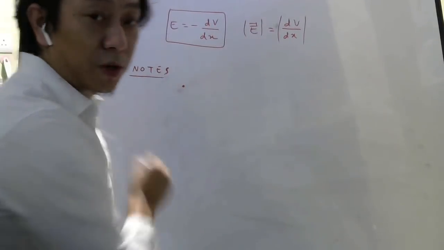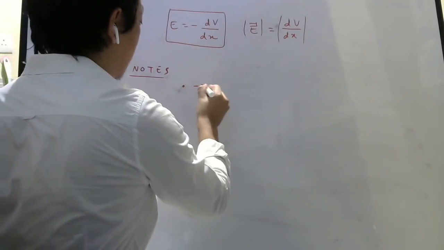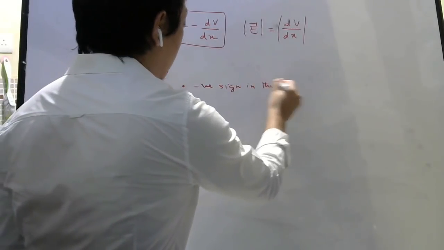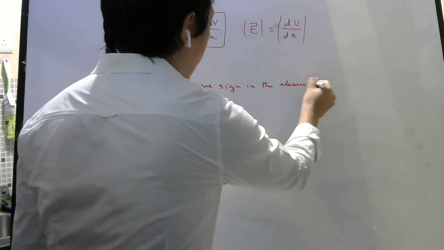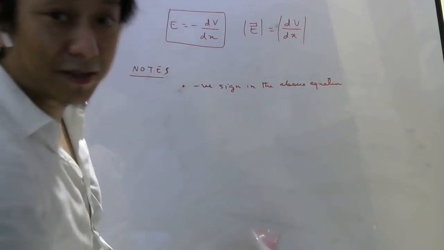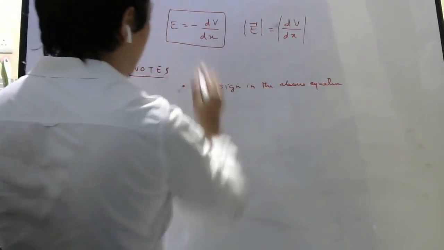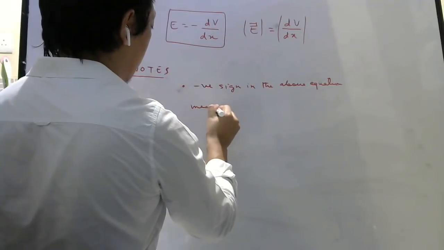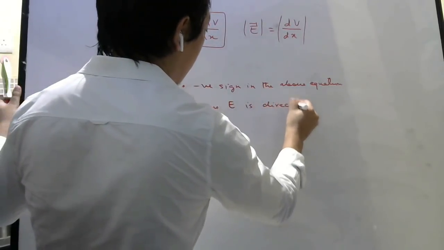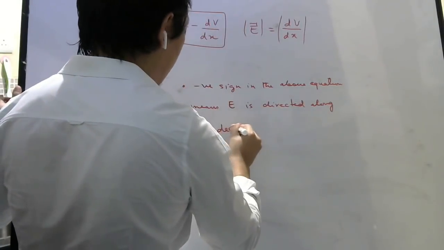Now one last point, they will sometimes ask the meaning of this minus sign. So the negative sign in the above equation means, already we have told, work is done against the field, but you can also say it this way. The negative sign in the above equation means electric field is directed along decreasing potential.